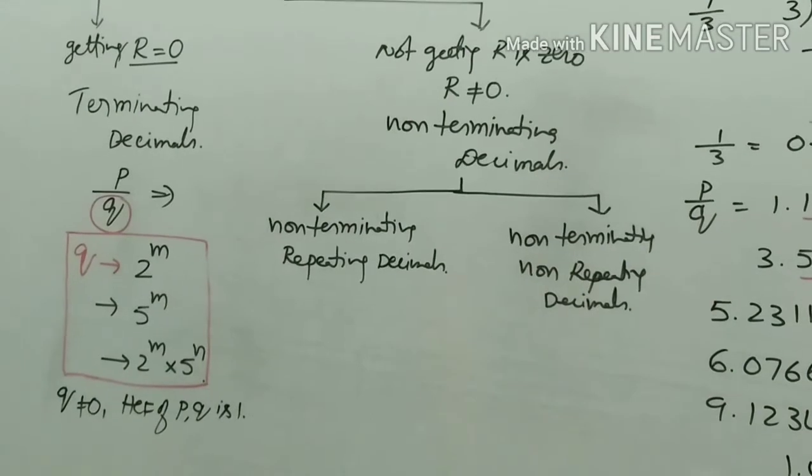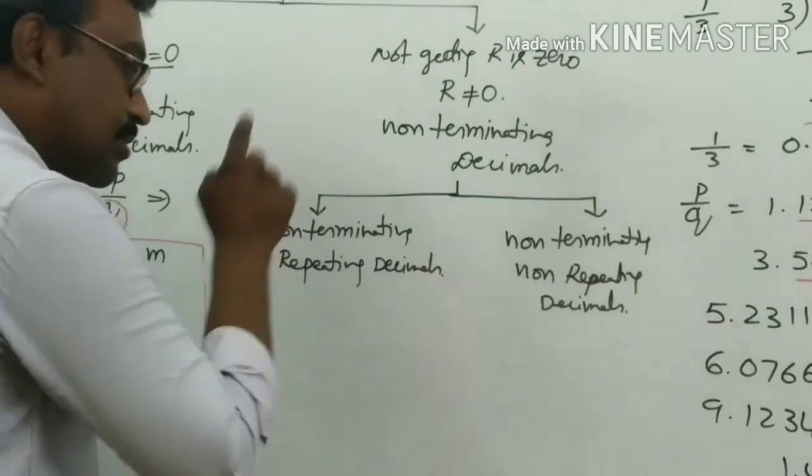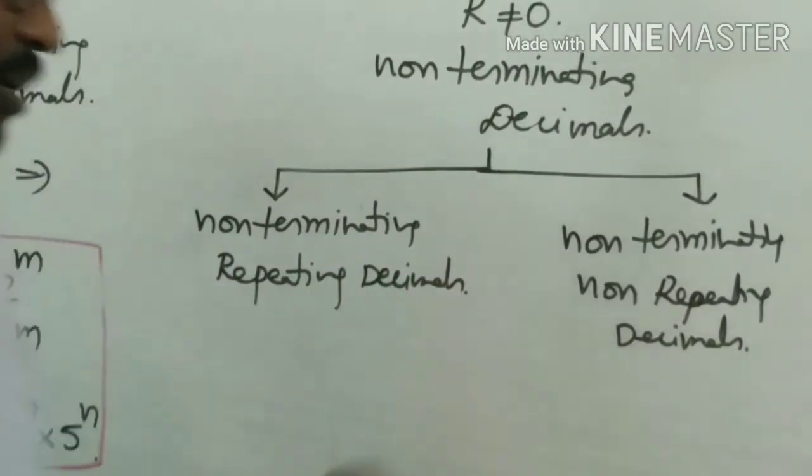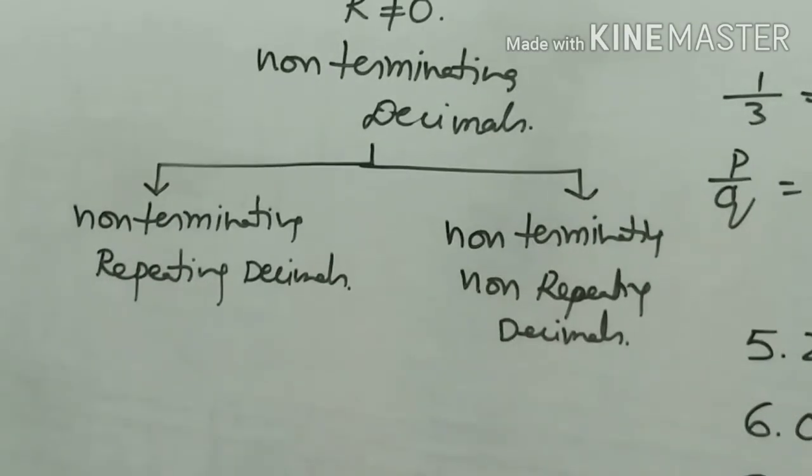So non-terminating decimals are of 2 types: non-terminating repeating decimals and non-terminating, non-repeating decimals.